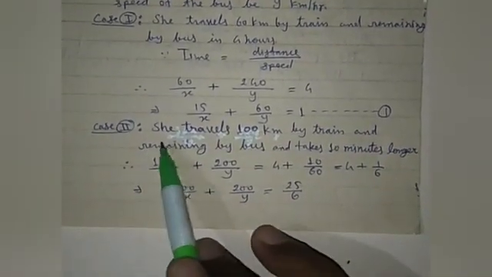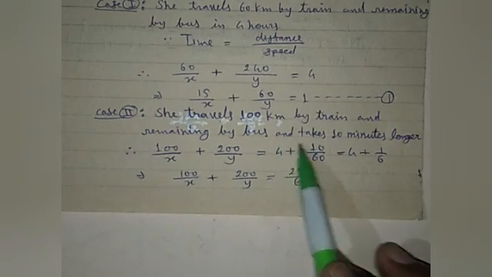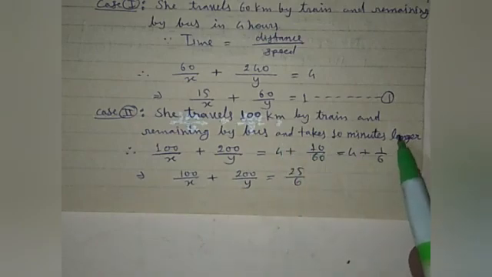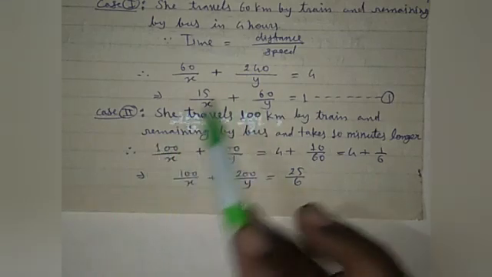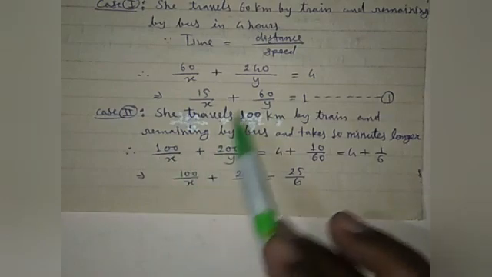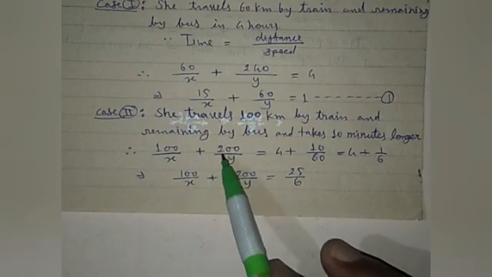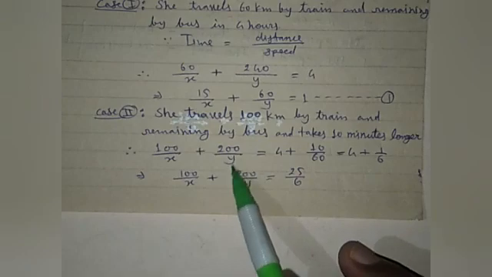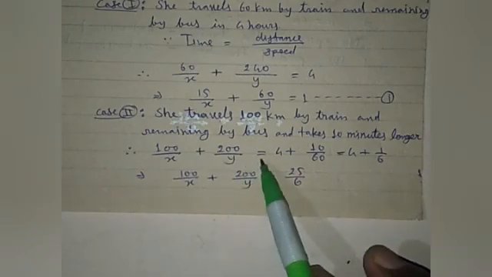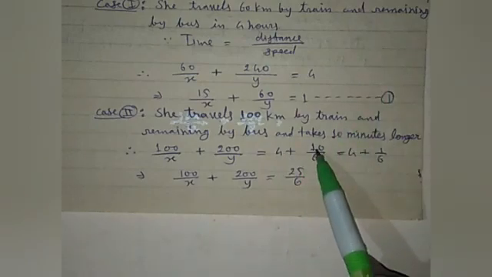In case 2, she travels 100 km by train and the remaining by bus and takes 10 minutes longer than the previous one. So the time taken by the train is 100 km divided by speed x, plus the remaining distance, 300 minus 100, that is 200, divided by the speed of the bus y, and that is equal to 4 hours plus 10 minutes longer. In hours it will be 10 divided by 60 hour.